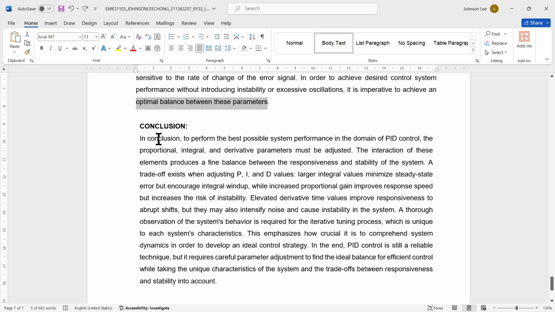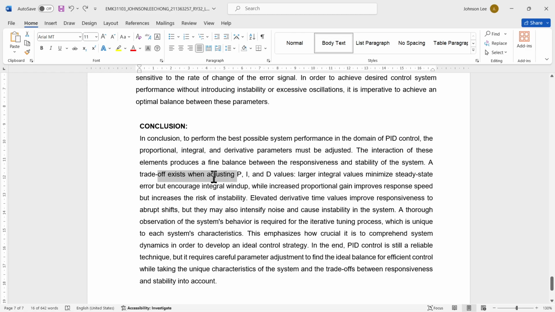In conclusion, to achieve the best possible system performance in the domain of PID control, which is the main reason why we do lab 5, the proportional, integral, and derivative parameters must be adjusted. The interaction of these elements will produce a fine balance between the responsiveness and stability of the system.